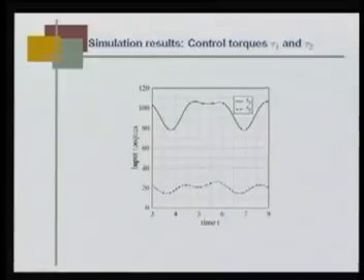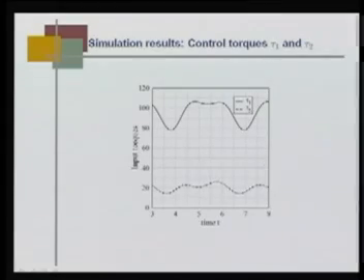Correspondingly, the control torques tau 1 and tau 2 were found to be like this, and you can see again that in steady state the control torque is very smooth without any kind of fluctuation. So, very continuous torque. This implies that the proposed algorithm is extremely efficient.